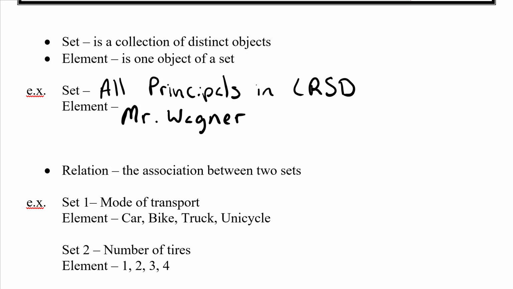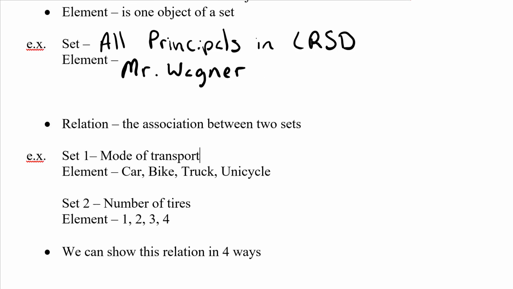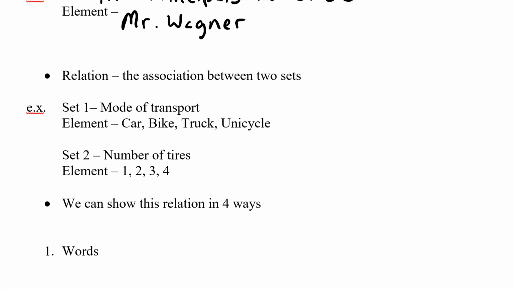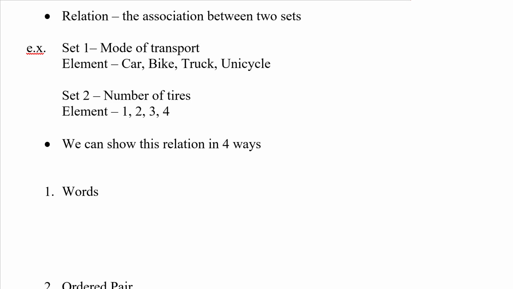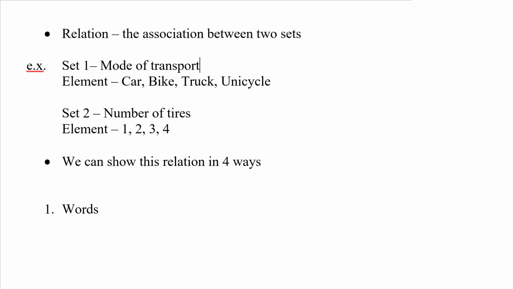So now we're talking about set 1 and set 2, the transport and number of tires. We need to show this relationship in 4 different ways. First way is we want to look at it in terms of words. How can we use our words to connect our two sets?